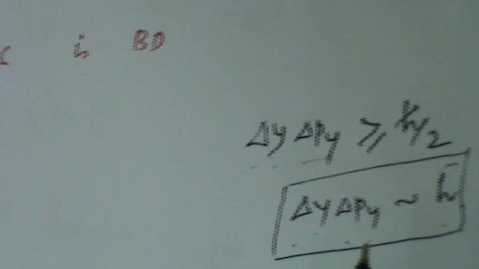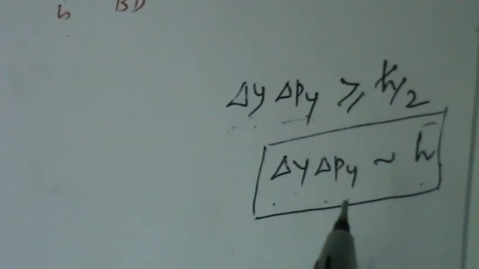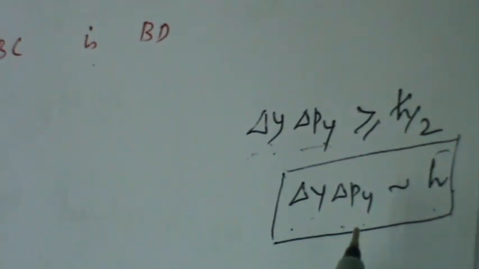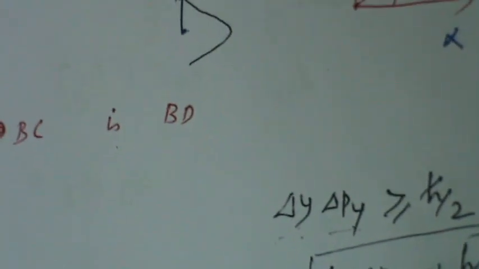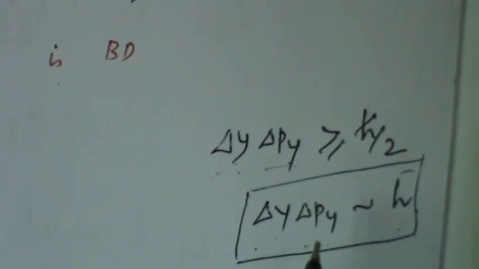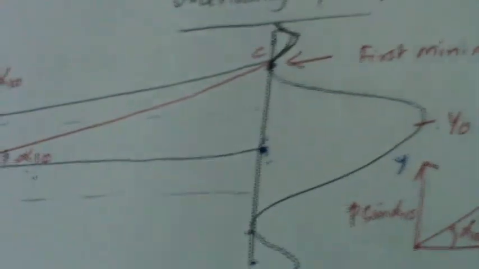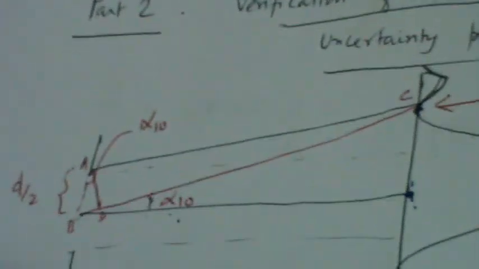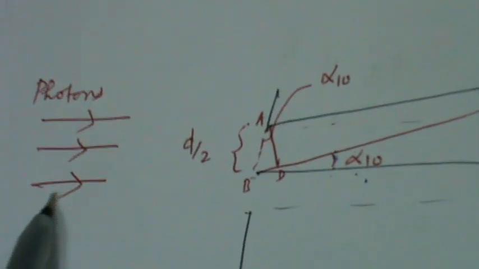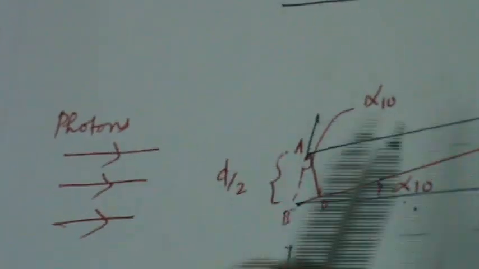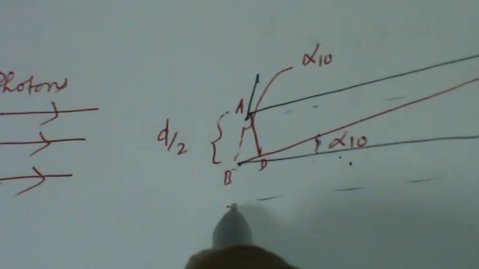Diffraction experiment is a proof for wave nature of light. We know that light under certain circumstances acts as a particle, and in certain circumstances it acts as wave. So diffraction phenomenon is a valid proof for wave nature of light. In order to explain this, you just consider photons which travel in this direction and just enter the slit.